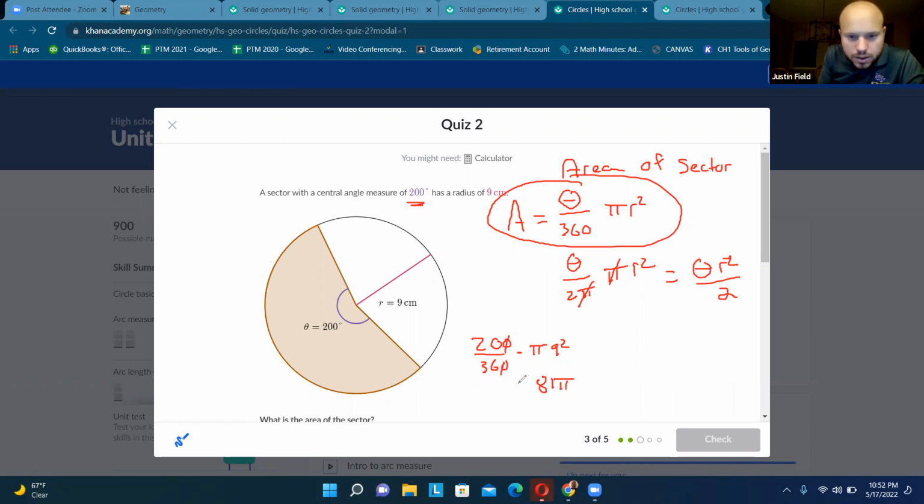Get rid of those zeros, and then 20 over 36. So let's multiply 20 times 81, 1620, divided by 36, 45.